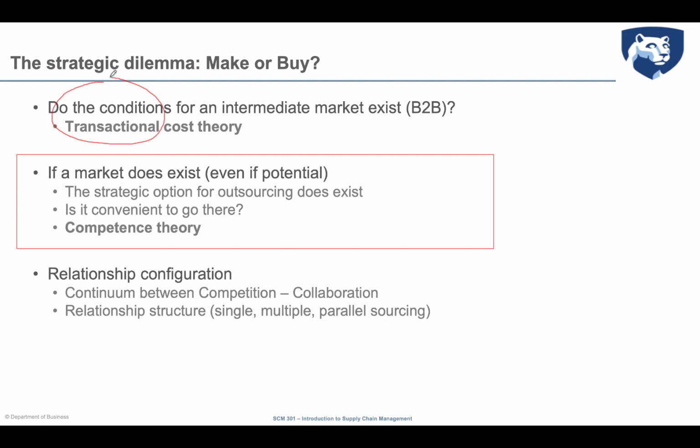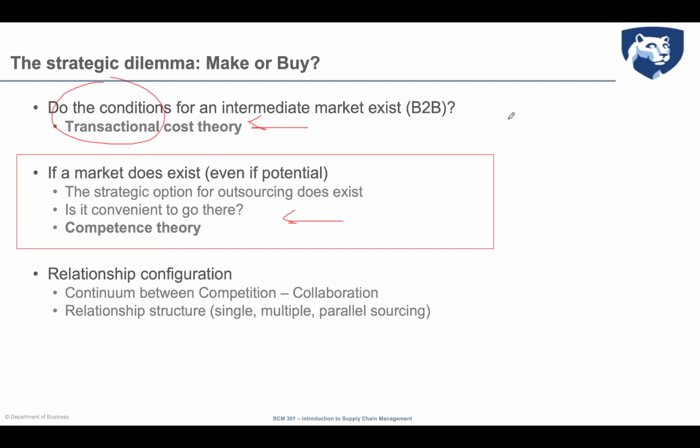So we first need to understand if a supply market exists, and this is made through evaluation of the so-called transaction cost drivers, or market enablers. Then, independently from the fact that a market exists or not, I need to evaluate if it is convenient for me to go to the market. This is made through the evaluation of other drivers, which are called competence drivers or strategic drivers.